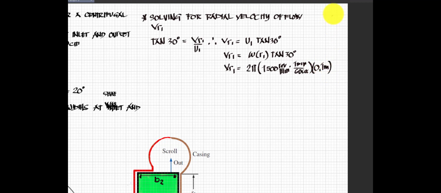Then multiply by the tangent of 30 degrees. Using our calculator, we have now the velocity at the inlet of 9.1 meters per second.